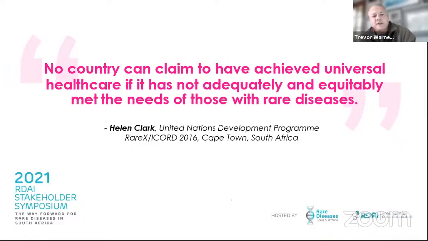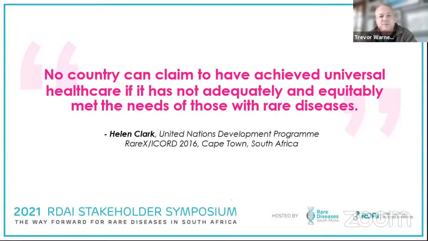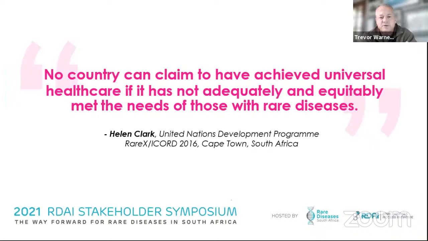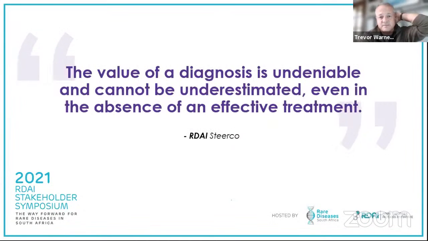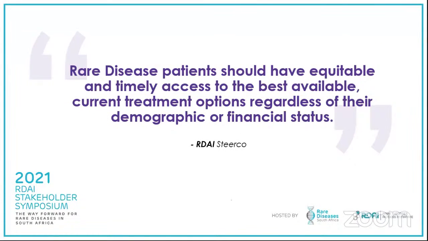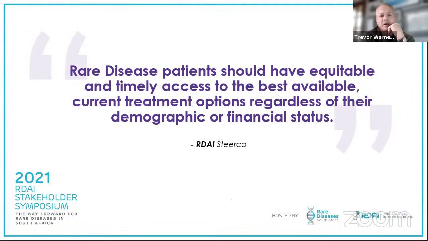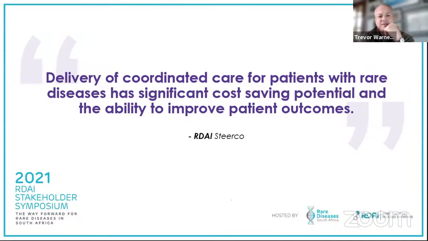So I just want to recap that quickly. I've called it poll one. It says, do you believe rare disease patients have equitable access? And then the second part of that is, do you believe rare disease policy is required, etc.? There's a yes, no to both of those. The second poll is, do you agree with the following statement? The South African health system should provide equitable access, etc. Yes, no. The third poll is, what do you think will improve the diagnosis of rare diseases in South Africa?